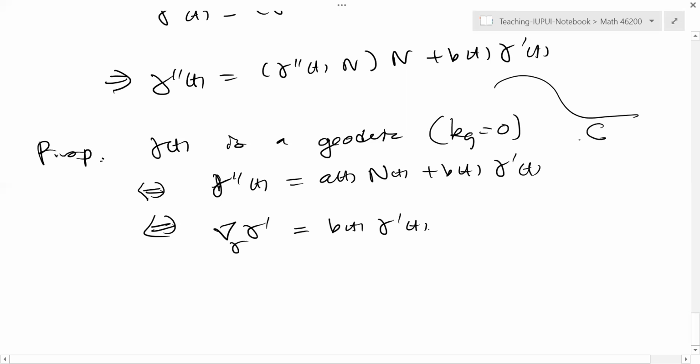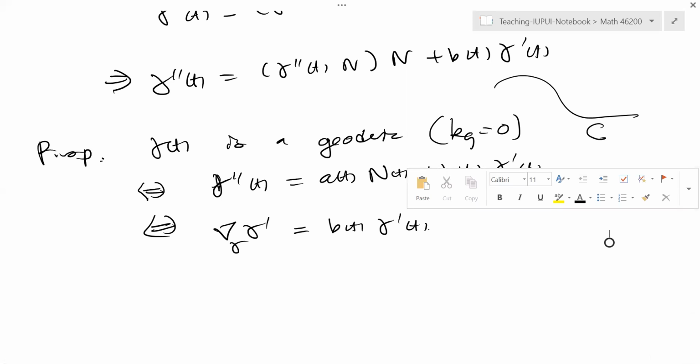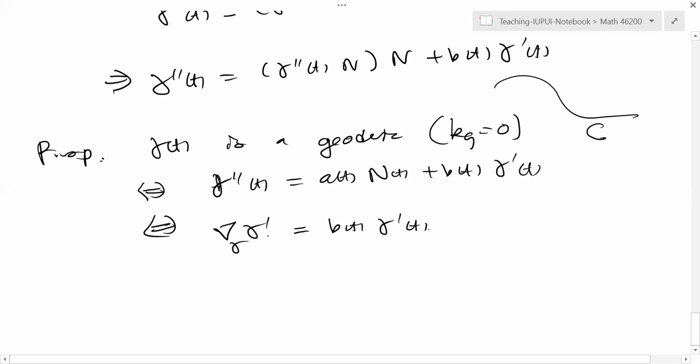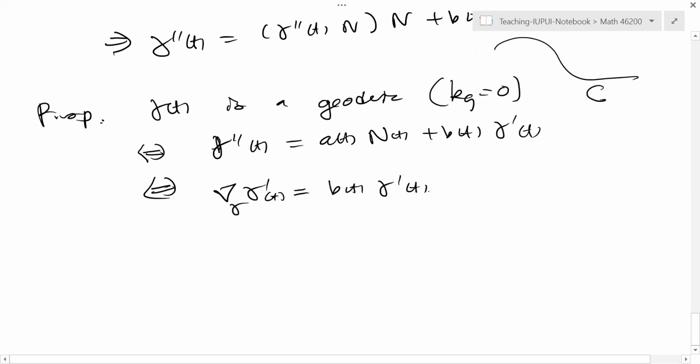The curve C is a geodesic if there's some parameterization, that's enough, such that the second derivative has zero geodesic curvature. The geodesic curvature is independent of the choice of parameterization. And then if you use a special parameterization, then you should have these properties.